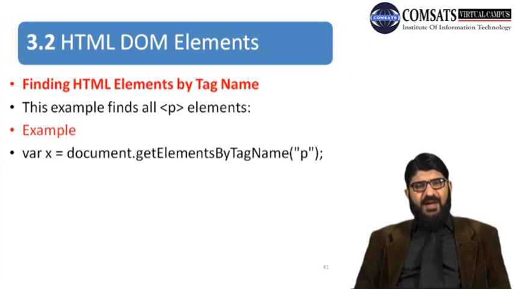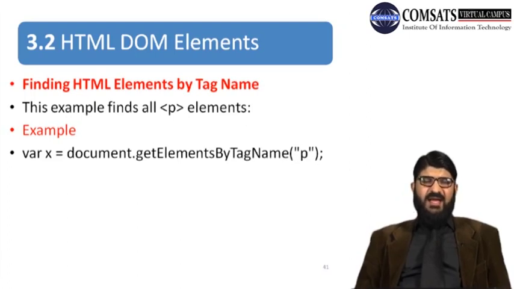So with the help of the tag p, all the paragraphs can be searched, and these are again HTML elements. So using the HTML DOM model, the respective actions can be performed on them.